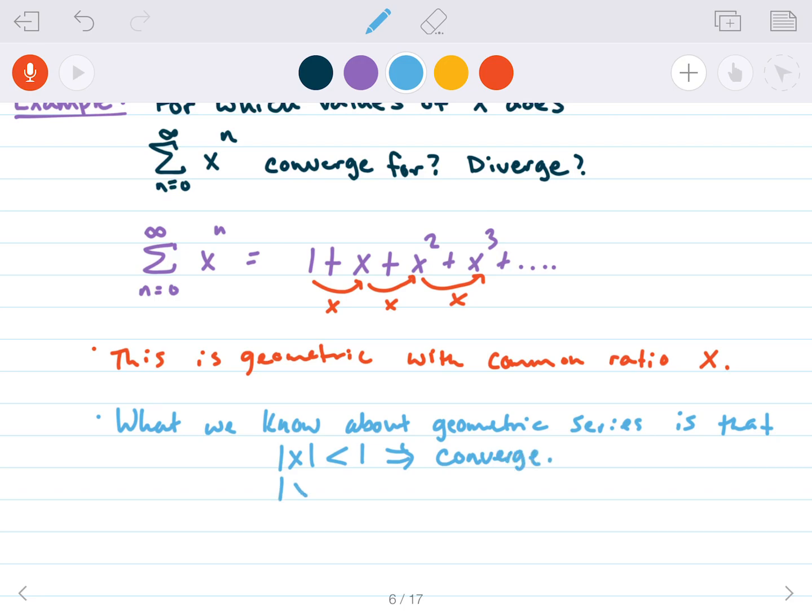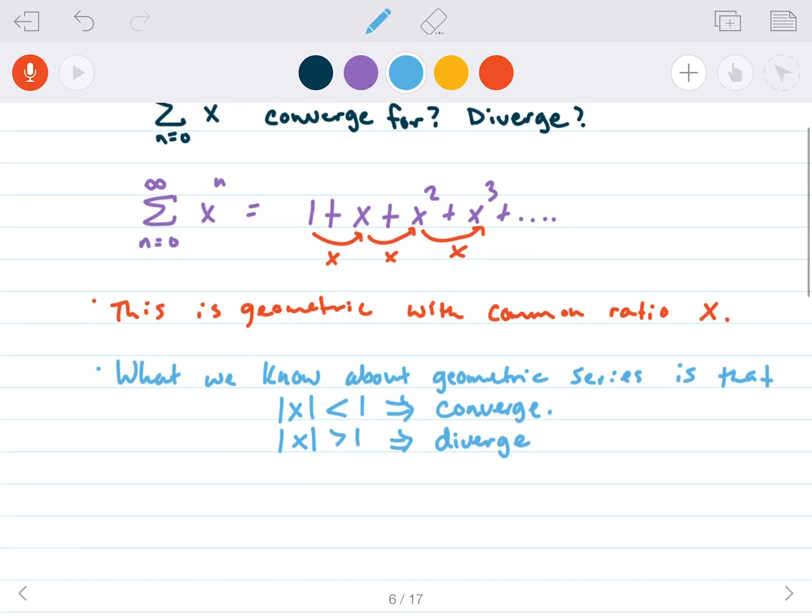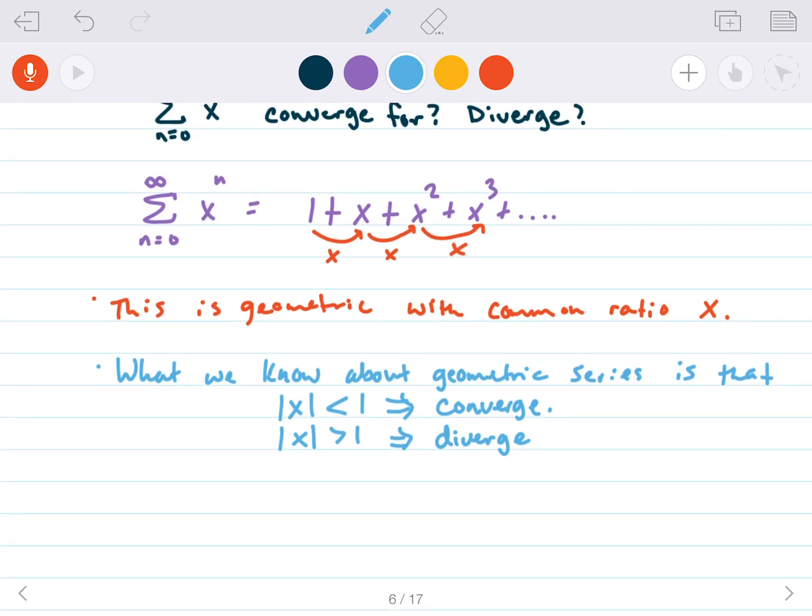And when the absolute value of this thing is greater than 1, it's going to diverge. So that's it. That was the answer to the question. Now we can write these things a little bit more, to look a little bit more familiar, I suppose.